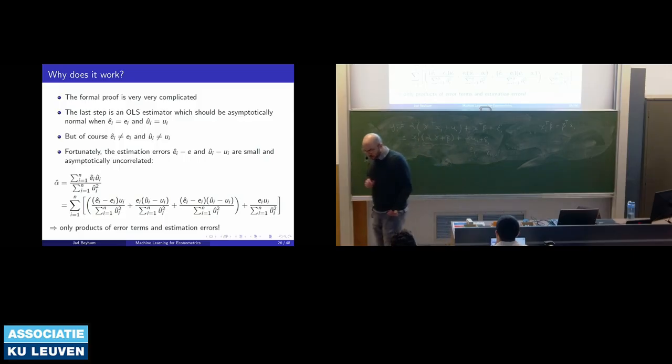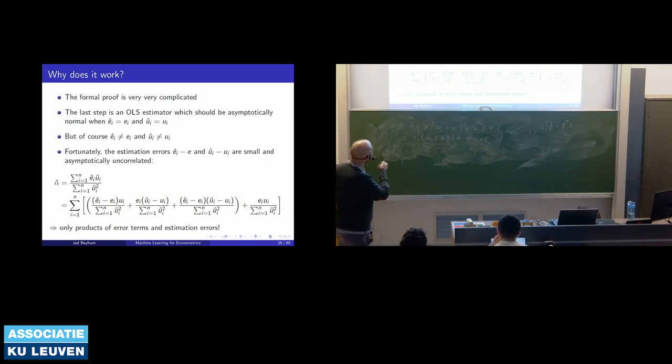Why? That's where the intuition is really hard to give. The formal proof of why this is asymptotically normal is very complicated, but I will try my best to give you some intuition. I don't think the intuition is as simple as for double selection. So the last step, it's an OLS estimator, right? And if ei hat and ui hat were equal to ei and ui, then we know that this OLS estimator will be asymptotically normal.